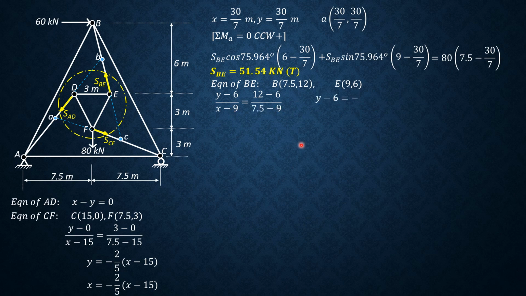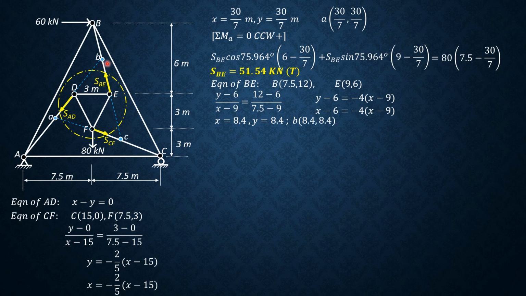So simplifying, y minus 6 equals negative 4 times x minus 9. Since y is x again from the equation of line AD, replace that by x: x minus 6 equals negative 4 times x minus 9. Negative 4 times negative 9 is 36, plus 6, 42. Then 42 divided by x plus 4x, 42 divided by 5 is 8.4. So B is at 8.4 comma 8.4 because y is also 8.4 meters.